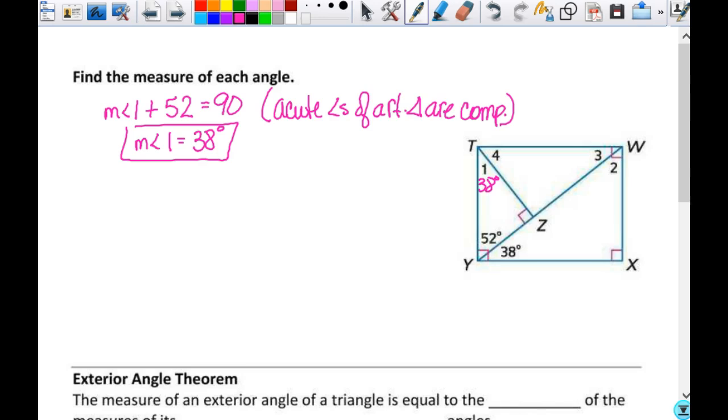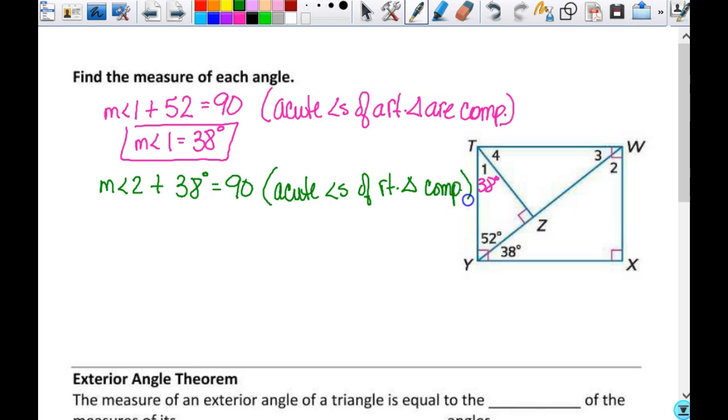All right, let's see, can we jump to number 2, angle 2? Can we do the same kind of thing for angle 2? Yep, so I can say the measure of angle 2 plus 38 degrees is equal to 90. Again, it's because the acute angles of a right triangle are complementary.